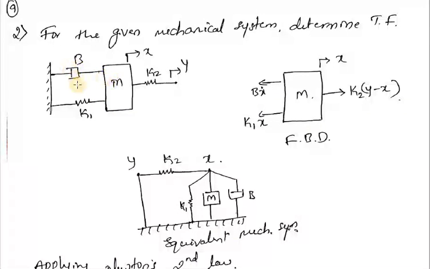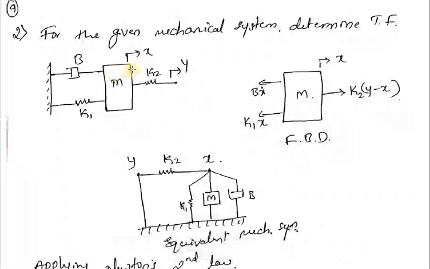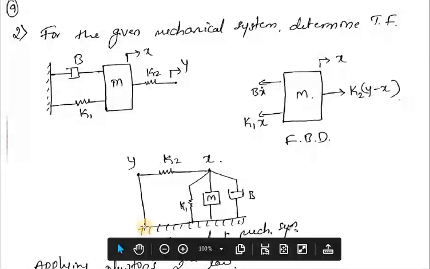So m, b and k1 have x as the displacement. Attach those three elements to node x. Then k2 is between x and y. Show that k2 between x and y like this, and this is connected to the fixed surface. So this is the equivalent mechanical system.